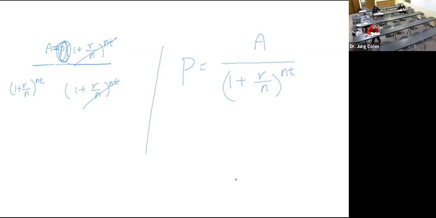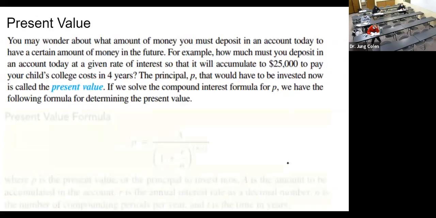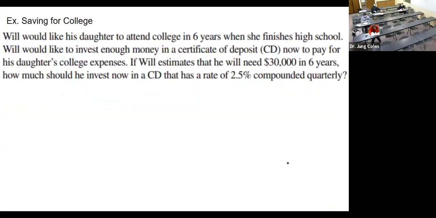Okay, so if you are given a problem like this, let's solve this and let's finish this class today. Okay, come on guys, you need to help me. Will would like his daughter to attend college in 6 years. So T is 6 when she finishes her high school.